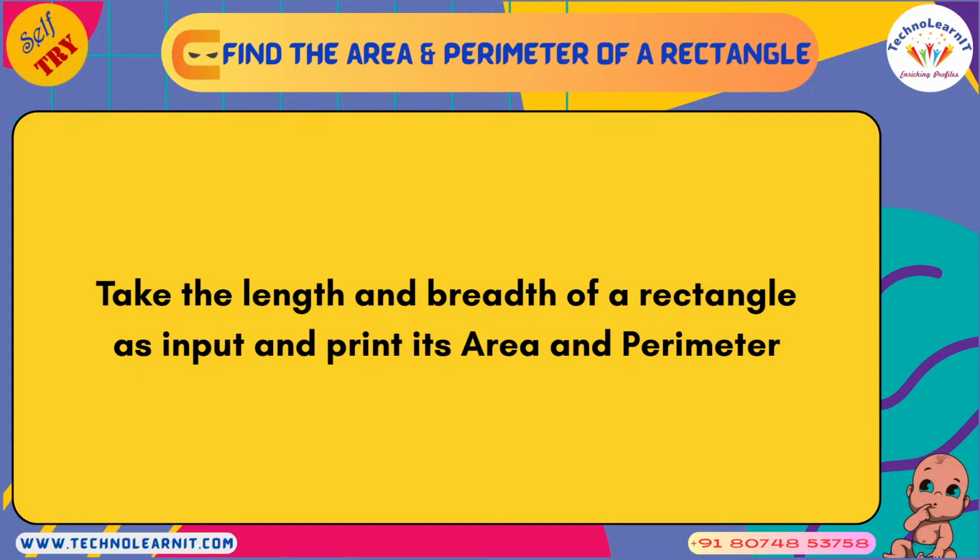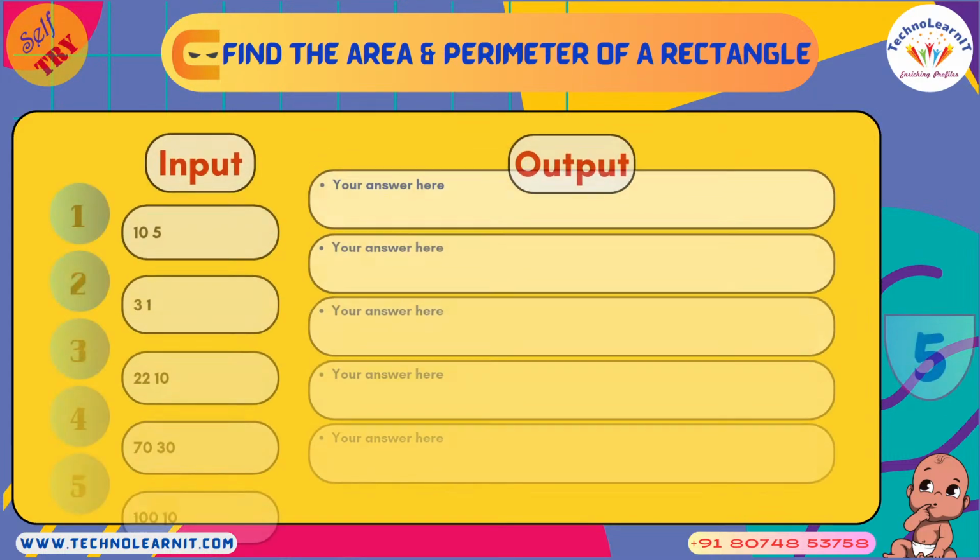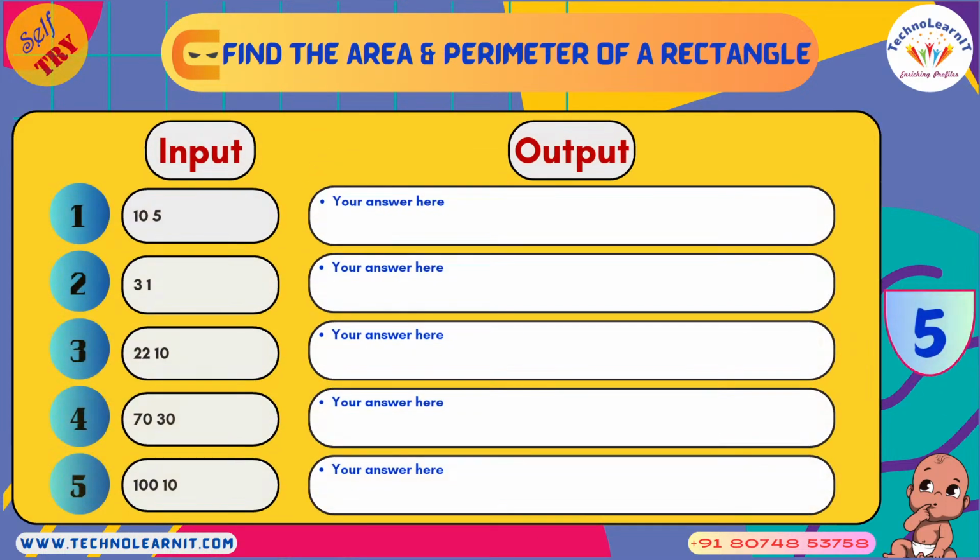Okay. This is again an interactive program because it reads the length and breadth from the user while running the program, and the program has to compute the area and perimeter, and then it has to print it. Let us look at the sample input and output for better understanding.